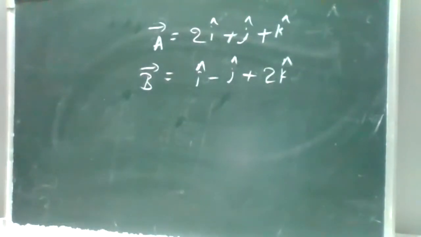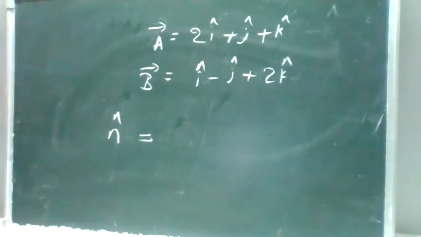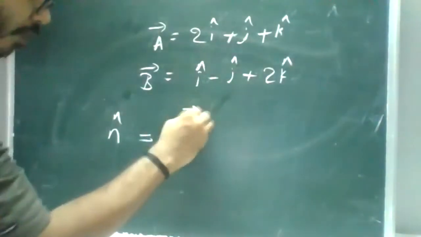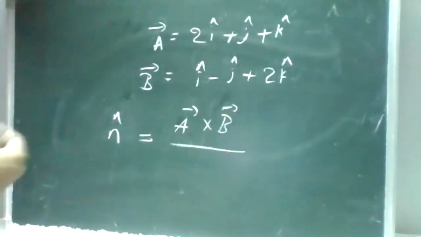We are going to find a vector perpendicular to these two. They have given a unit vector, so we are going to find n cap. To find n cap, since they specify a unit vector, theta is equal to 90 degrees. The formula is A vector cross B vector, divided by its magnitude, because it is your direction.